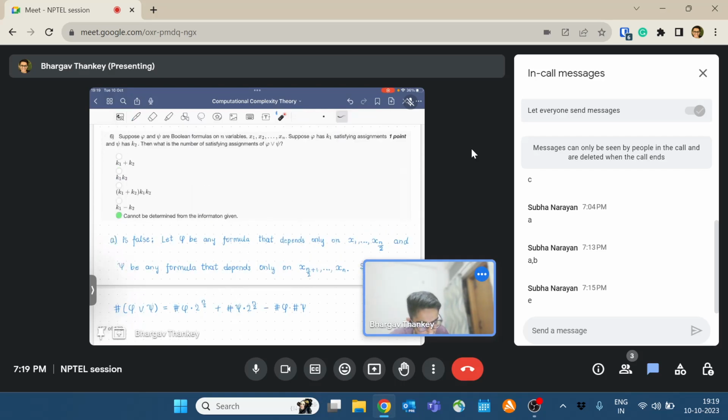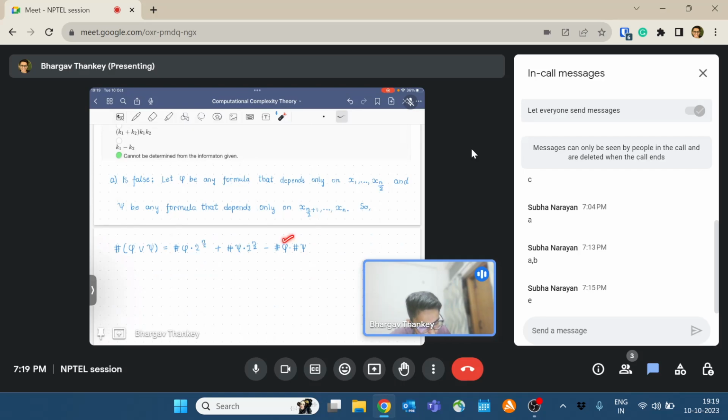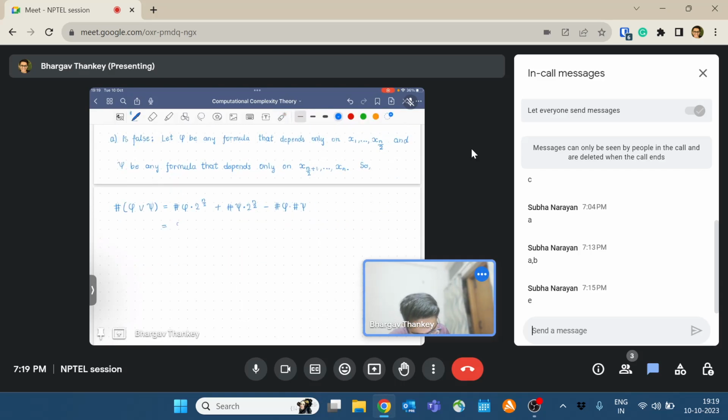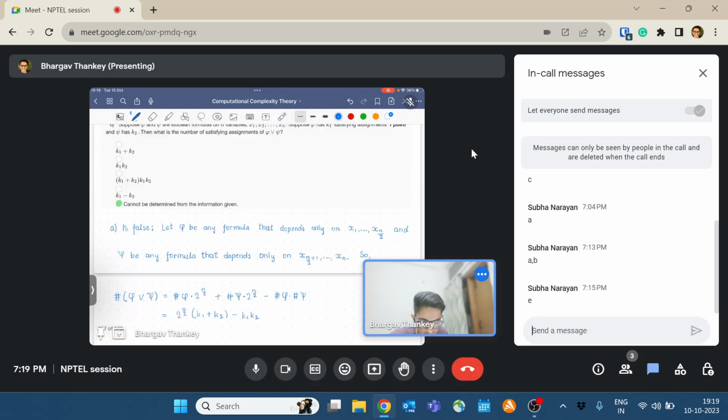Over here it's a satisfying assignment of phi as well as psi, but I would have counted it once over here and once over here, so I need to subtract it, right? So this is 2^(n/2) times (k1 plus k2) minus k1 k2.